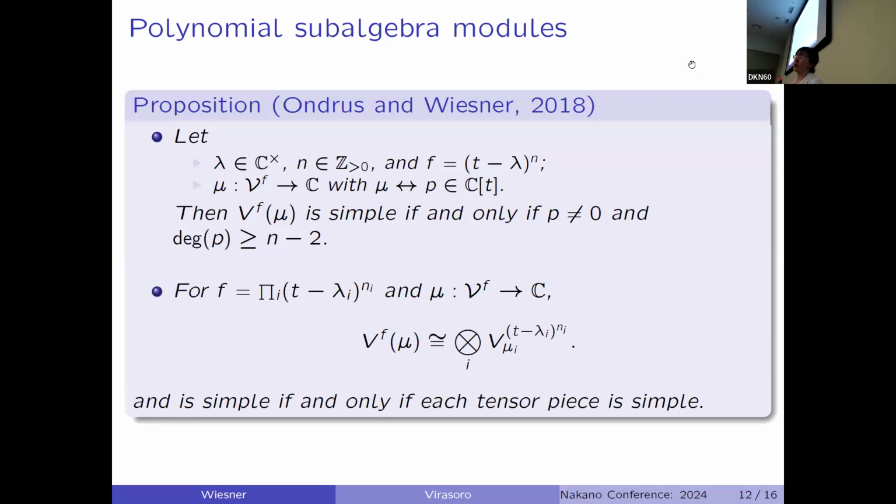The idea of the proof is that the subalgebra corresponding to f is the intersection of the subalgebras that correspond to each of the distinct root polynomials. And so you can use that to break up this module over the tensor product.